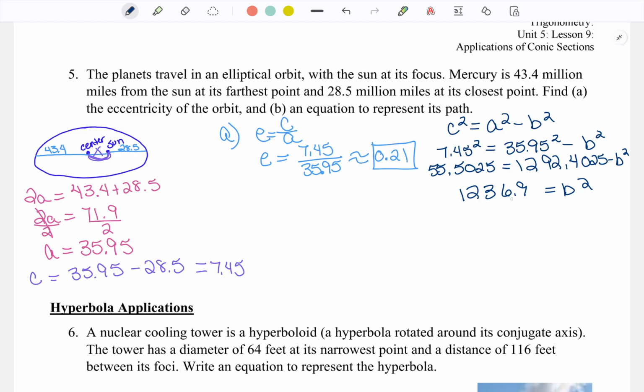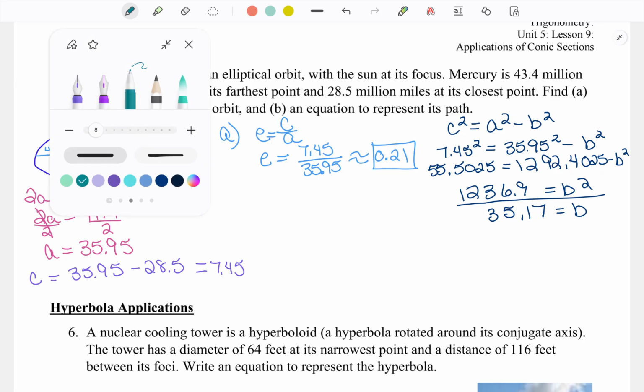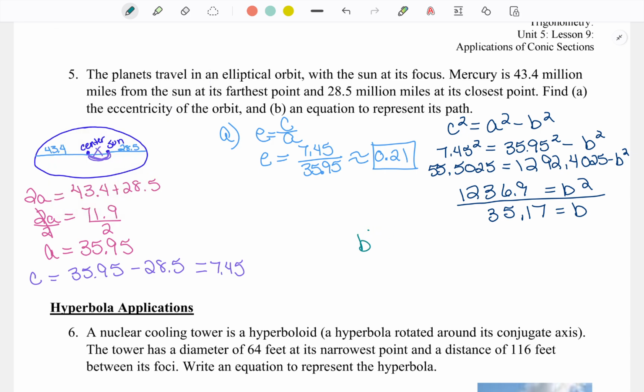And so we have approximately 35.17 as our B, but we actually could back up and just use that 1236.9 as our B. So now we can go ahead and write our equation.